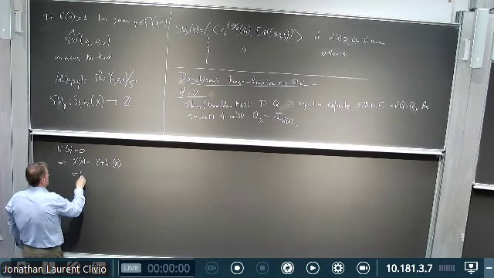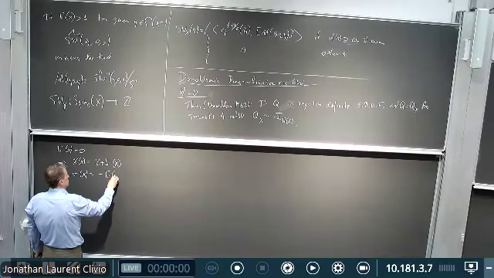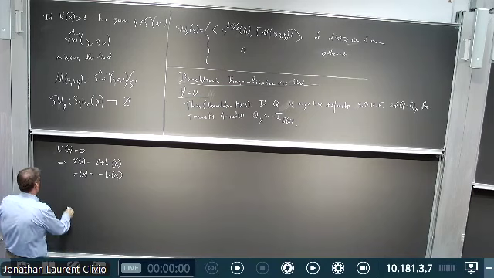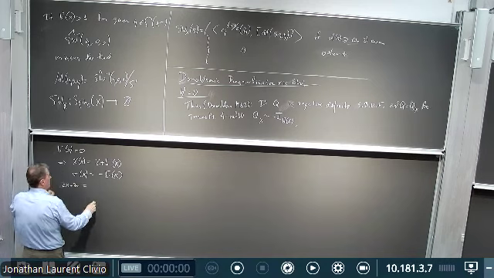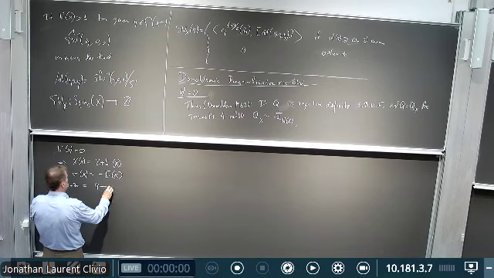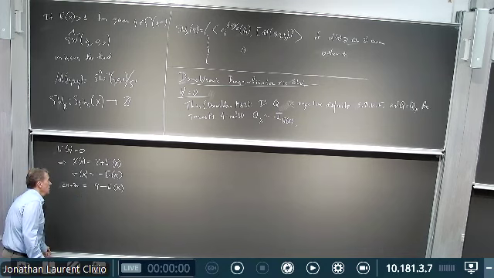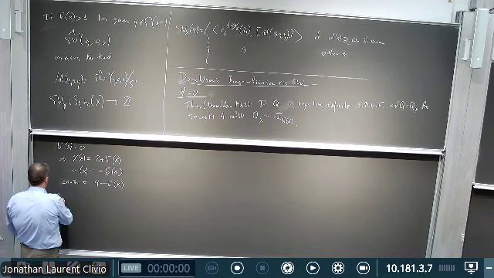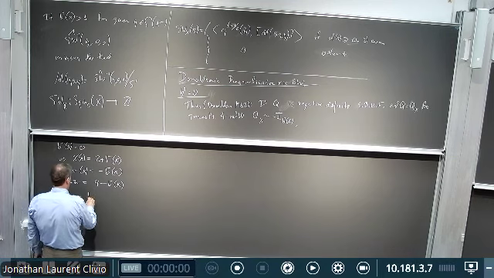And the signature is minus b minus of X. So 2 chi plus 3 sigma is 4 minus b minus.